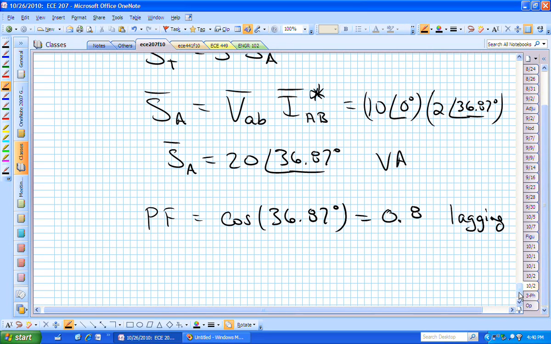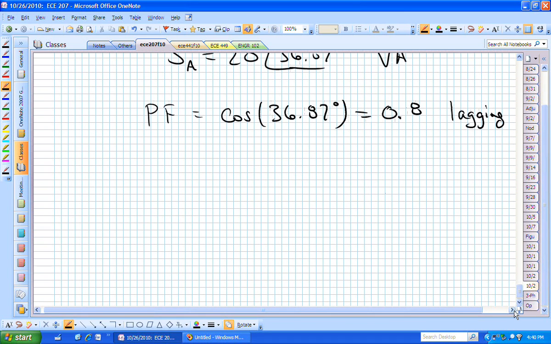What if I gave you Y connected loads and a delta connected set of sources and said analyze this? It'd be nice if we could relate the different delta connected loads. Here's the little picture to help you do that. Here's delta connected or here's Y connected loads.